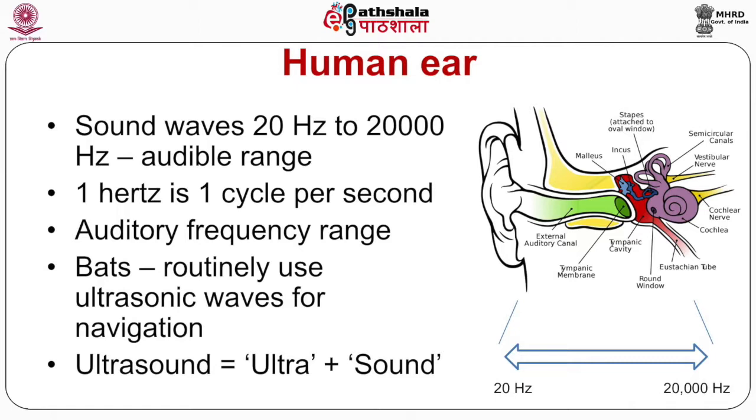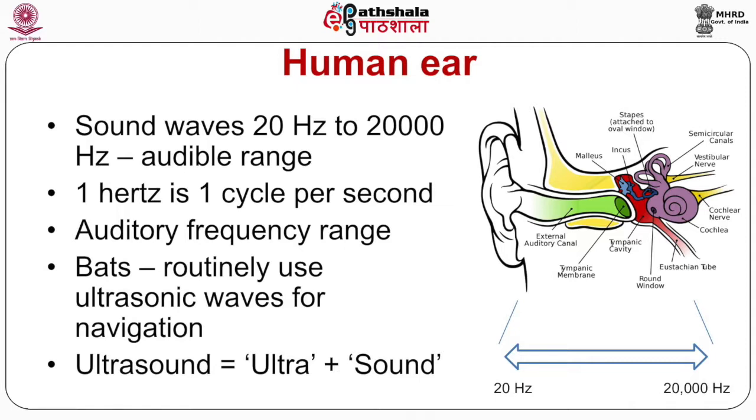On the same slide, you can see a diagram of the ear, a cutaway section. We can see the pinna, the ear canal, the eardrum, the different bones of the ear known as the ear ossicles, and the cochlea. Whenever the pressure wave reaches our ear, it is directed by the pinna into the auditory canal.